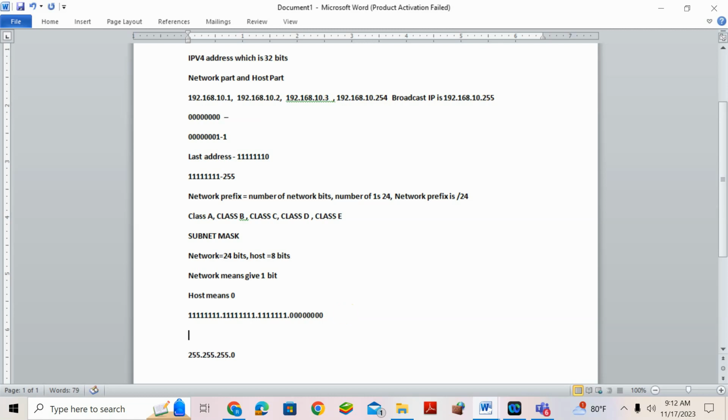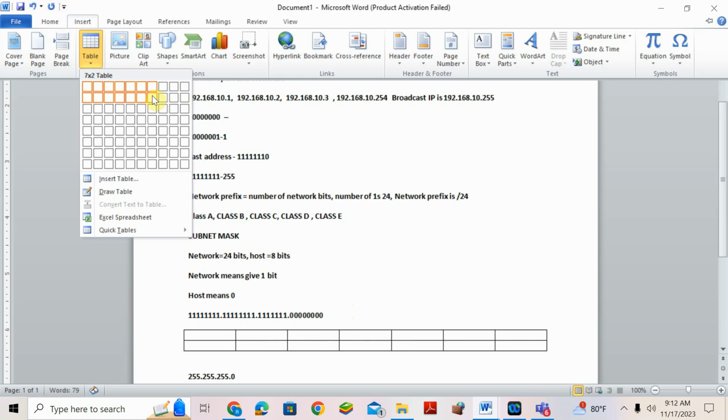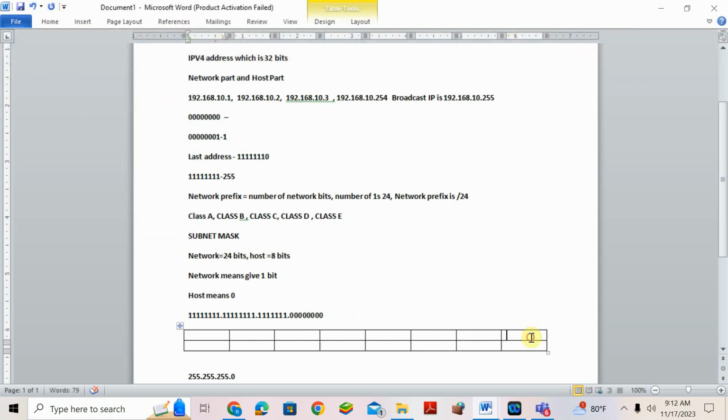Now, how do you convert 11111111 into 255? You know that. We'll just put a table here. All ones, right? 1, 2, 3, 4, 5, 6, 7, 8. So what I have is the position of each one. It is 2 raised to 0, 2 power 0, which is 1.